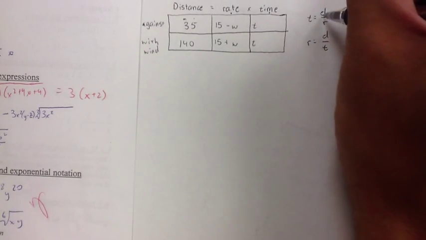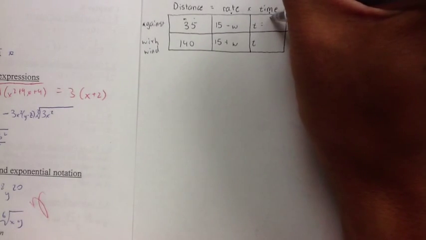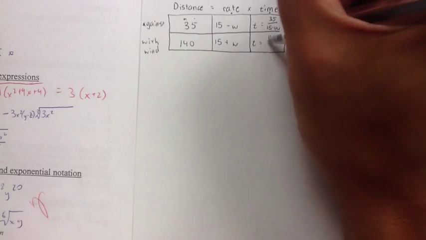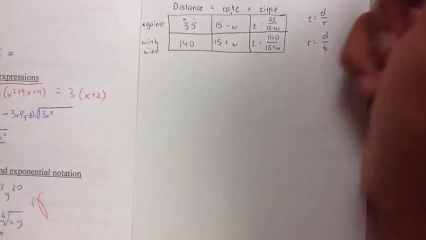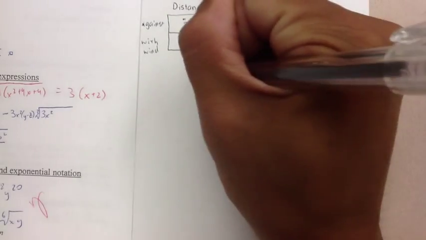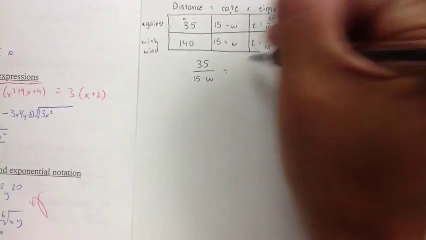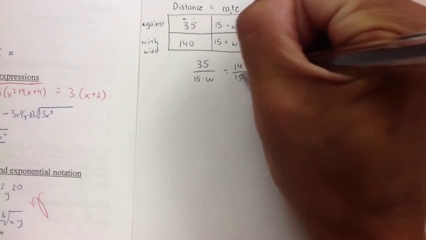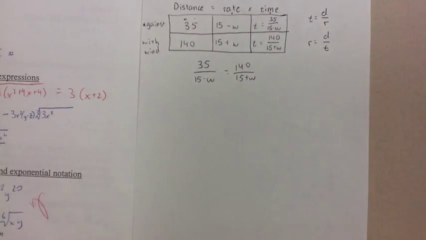I also know that since time is equal to distance over rate, I can really just substitute this, because that's distance over rate on this one, that's distance over rate for the lower one. And since these times must be the same, here's my problem. Just going to set them equal to each other.